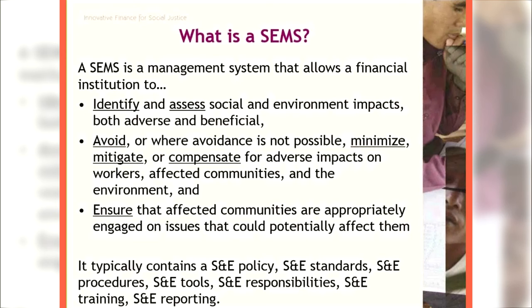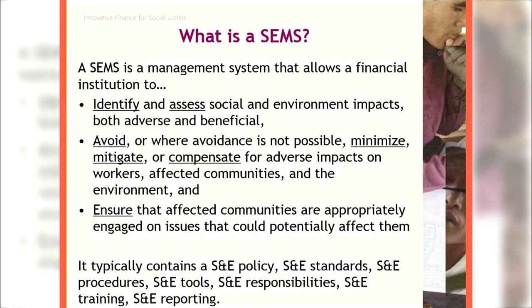Such a system can help avoid, minimize, or mitigate where such risks and impacts have been identified, for example, for workers, for affected communities, for the environment. And these systems help ensure that the affected communities are appropriately engaged. So it's really this idea of this management system, what it should do.